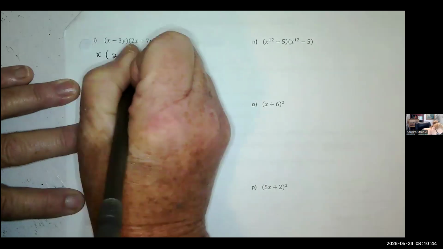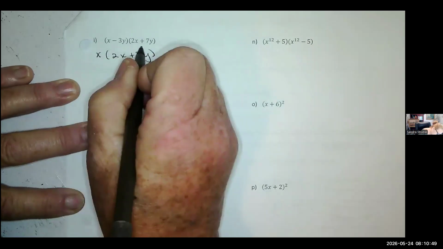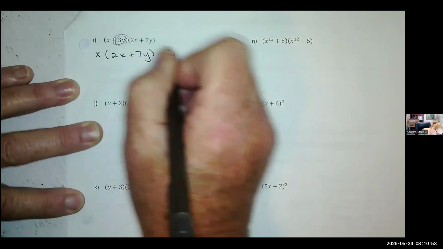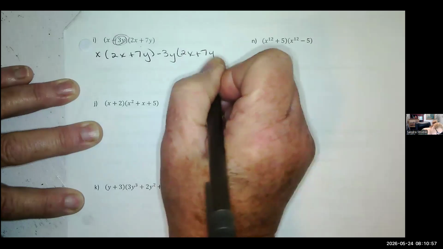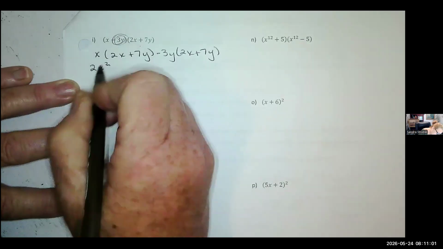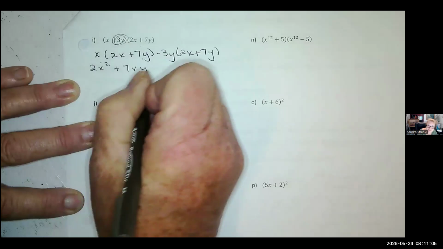So x times this parenthesis, minus 3y, which is this guy here, times the same parenthesis, same binomial. Now we distribute. x times 2x is 2x squared. x times 7y is 7xy. It could be yx too. It doesn't matter. It's the same thing.